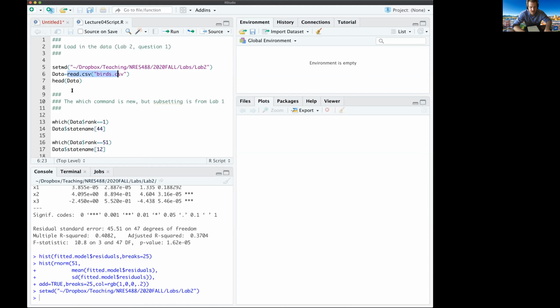Read.csv reads a CSV file. The CSV for the birds is here. And actually, why don't I just pull that up to show you what the data actually look like. Birds is in lab 2 here.